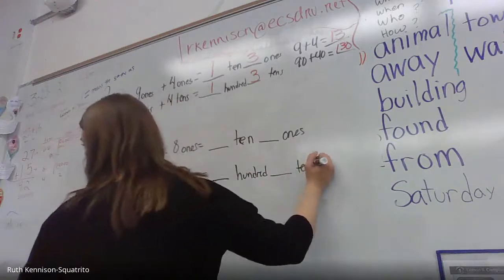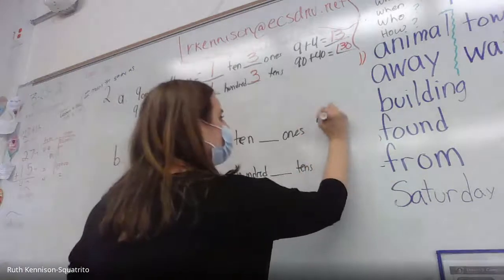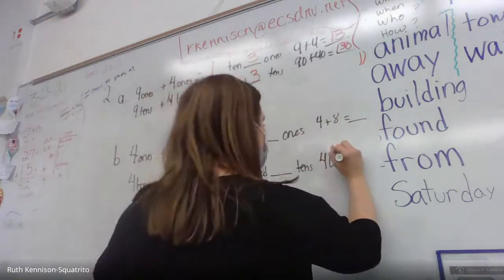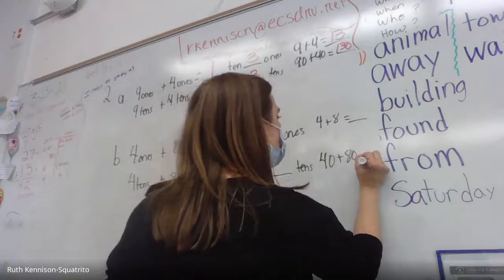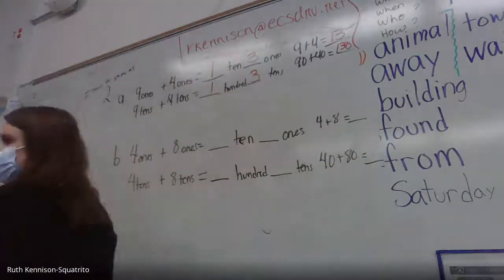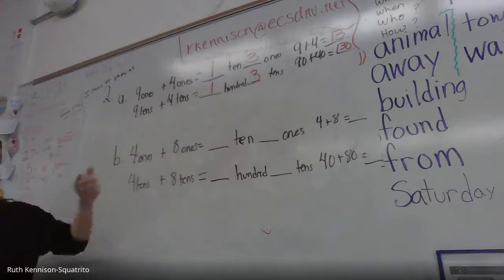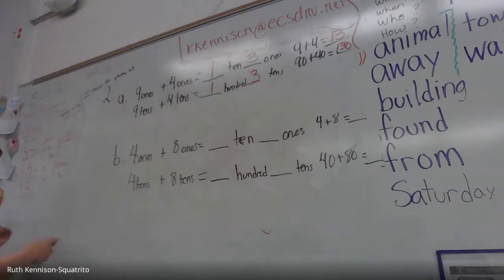And then we also have 4 plus 8 equals what? And then 40 plus 80 equals what? Okay? So, let's do this. 4 plus 8. Do it easy peasy, just like this. 4 plus 8.